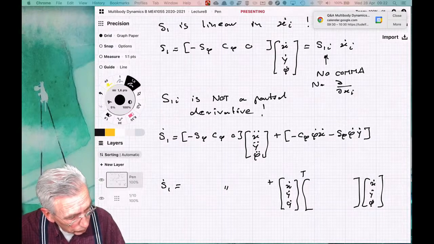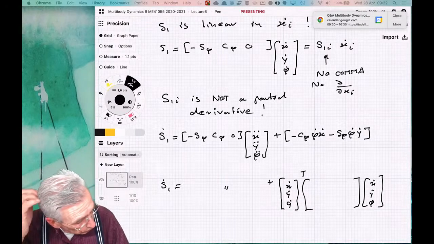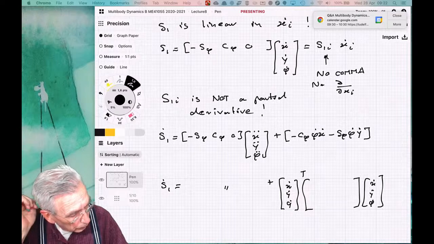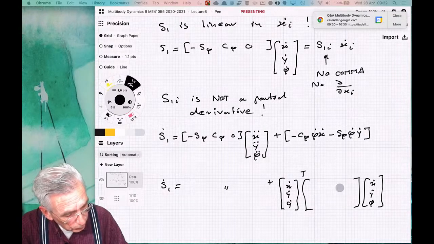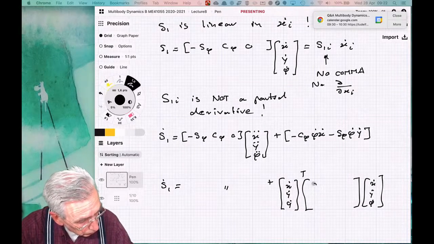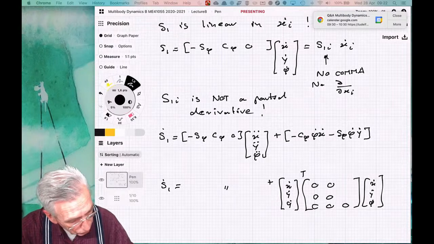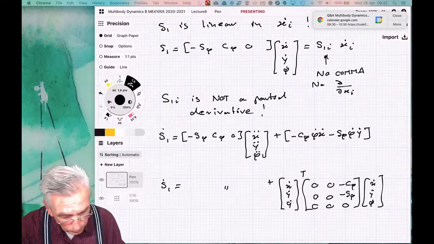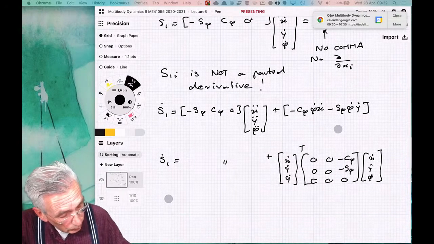Then we have to fill up this matrix, and well, there are a lot of zeros in it because it only has to do with phi dot and with x dot and phi dot. So you could say, well, I only fill in this last column, right? So I get all zeros here. And then the only contributions I have here are minus cosine phi and minus sine phi. And of course we can write that in symbols.